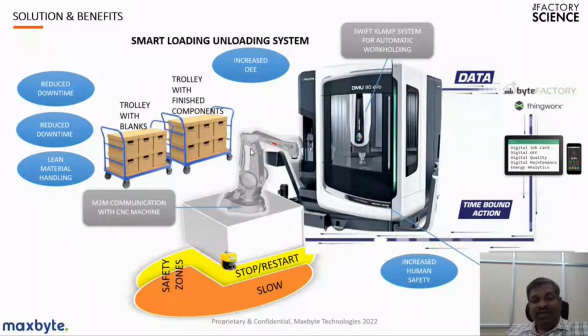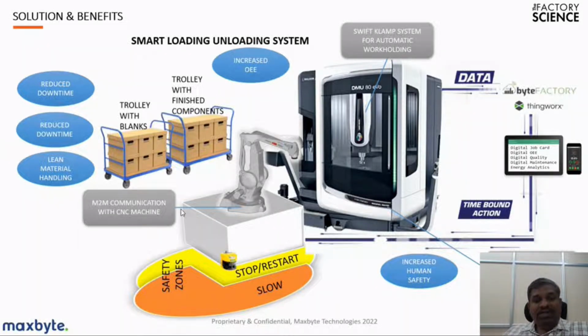When it is a simple product which can be handled by a cobot, we can go for a cobot, in places where we need to work with humans. Here the benefits are reduced downtime, lean material handling, and increased overall equipment efficiency.